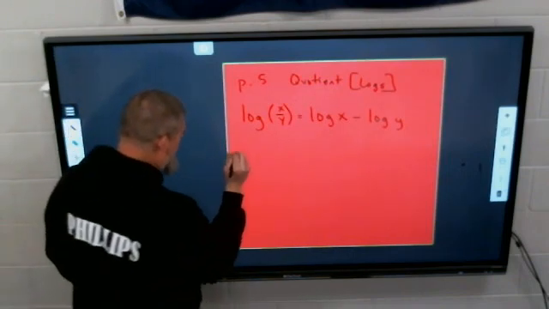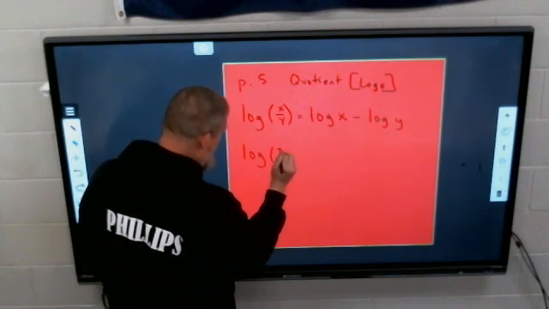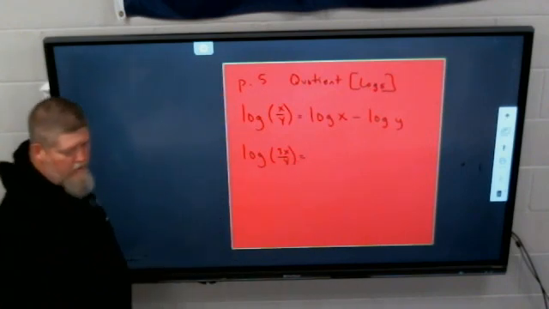So let's try this one. Log of, let's say, 3x over y equals.